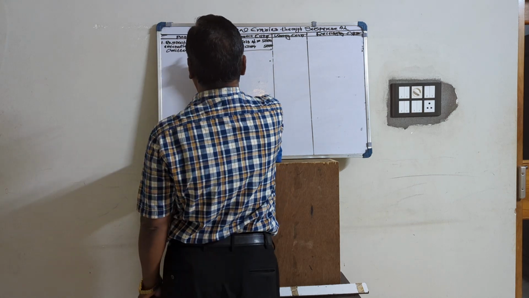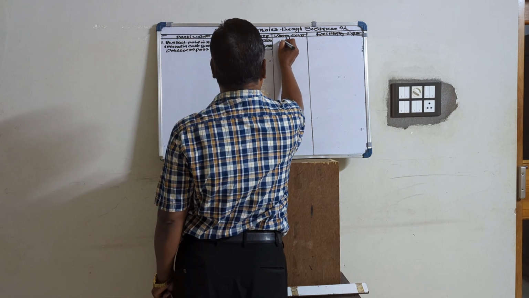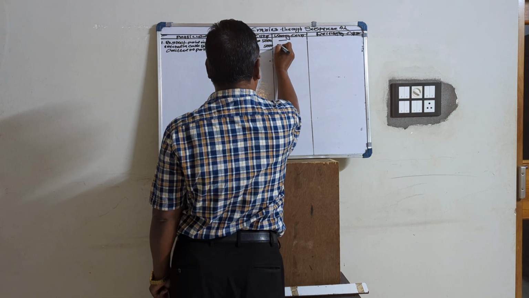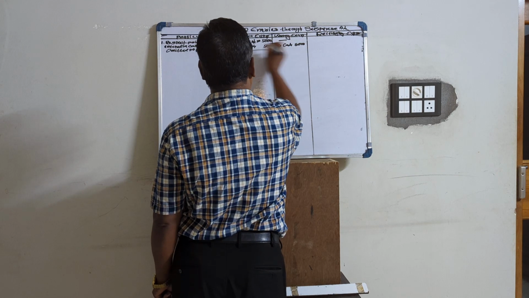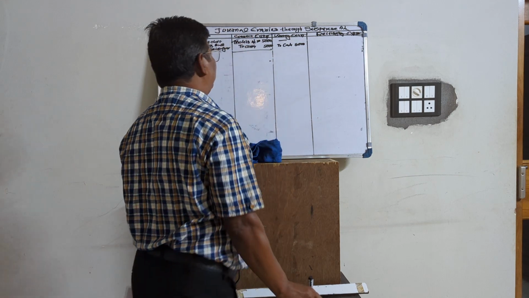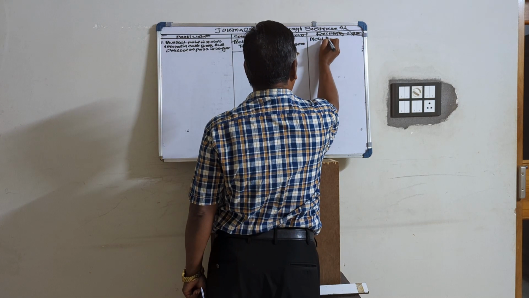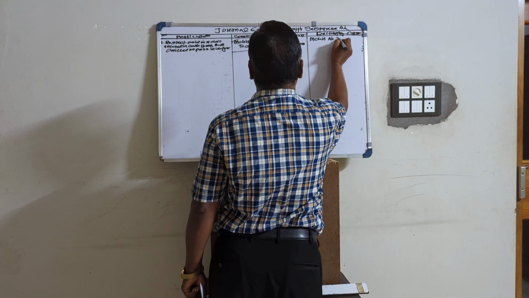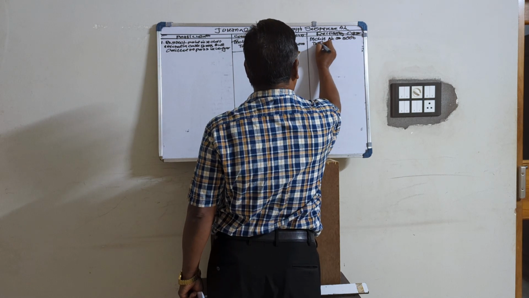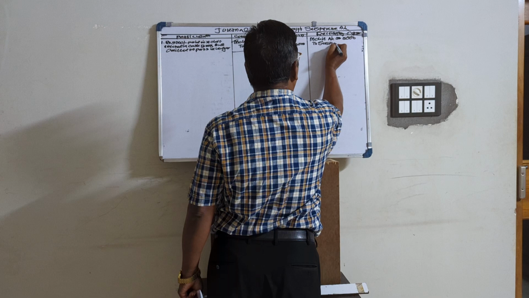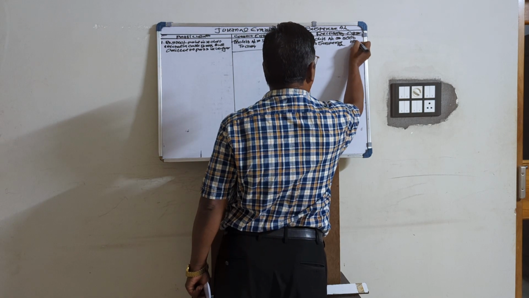But here, paid to Mohit, correctly entered in cash book, but omitted to post in ledger. Mohit account is not debited, but cash account is correctly done. So one side error: we will debit the Mohit account. Rectification entry: Mohit account debited 5,000 and the credit is to suspense account. This is the rectification entry.